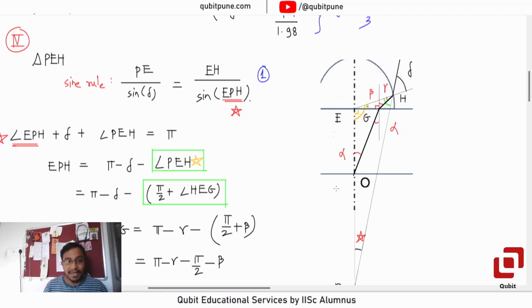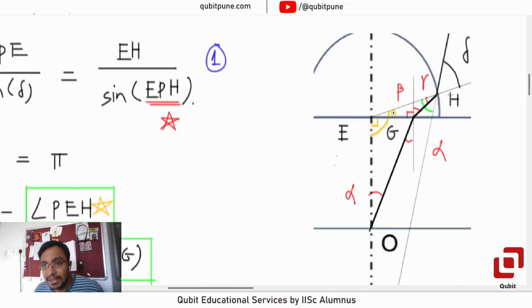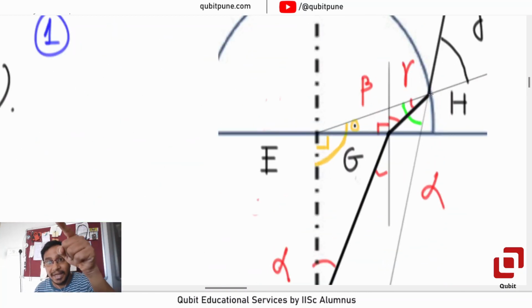And what will HEG be? Now again let us go to that triangle HEG or EGH and find HEG there. Look, HEG plus 90 plus beta plus gamma is 180 degrees. Let me repeat.